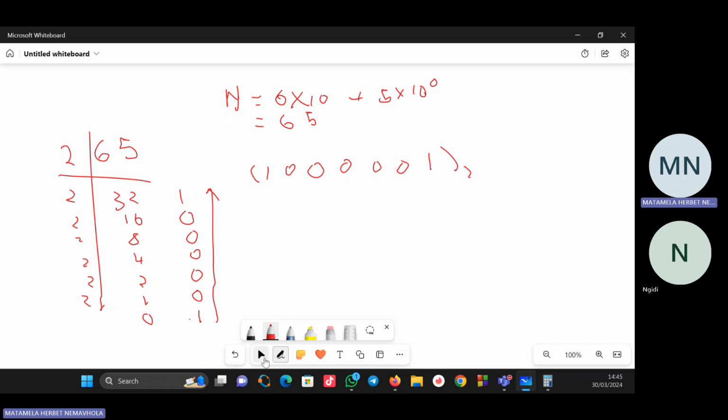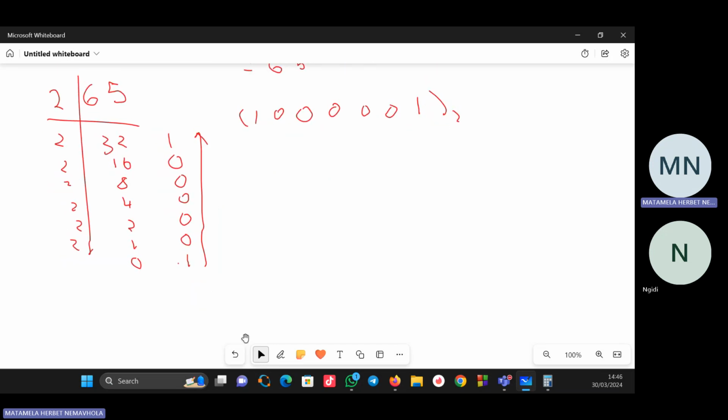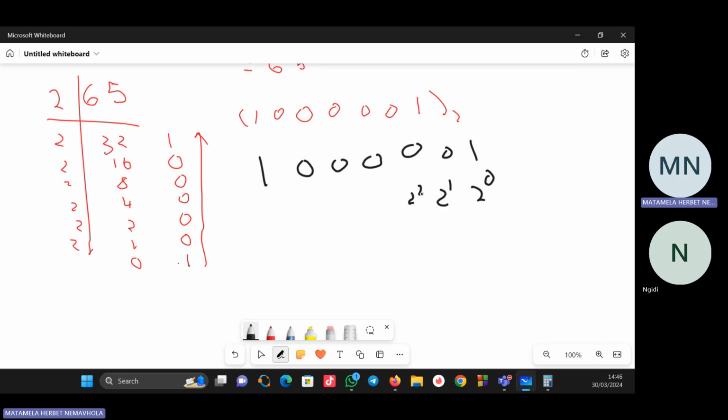If you want to verify that the number we are working with here is the right one, you can use powers of 2. Because we are working with binary, you start at 2 to the power 0, 2 to the power 1, 2 to the power 2, 2 to the power 3, 2 to the power 4, 2 to the power 5, and 2 to the power 6.